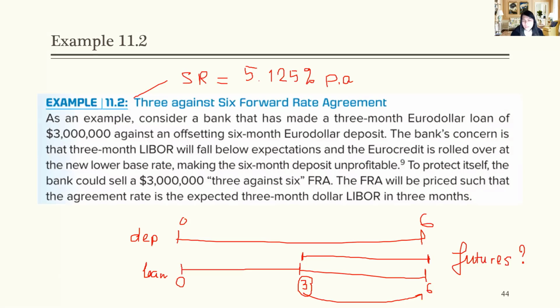In the context of a futures contract, you're going to calculate the ST based on this expected rate. As I mentioned before, the futures price is simply the percentage point, which is 100% minus the interest rate.